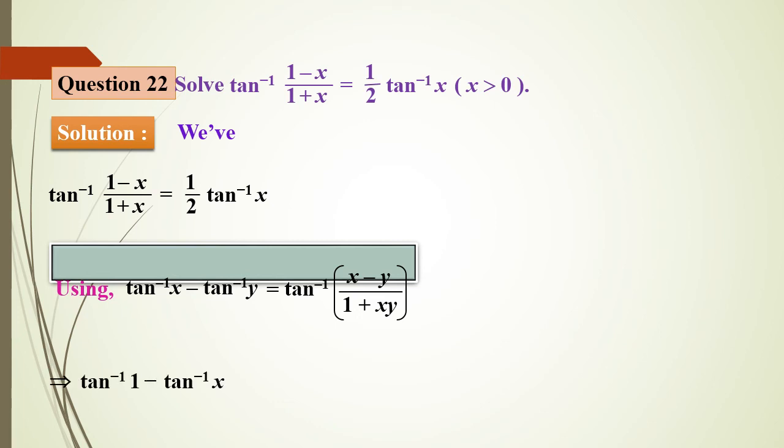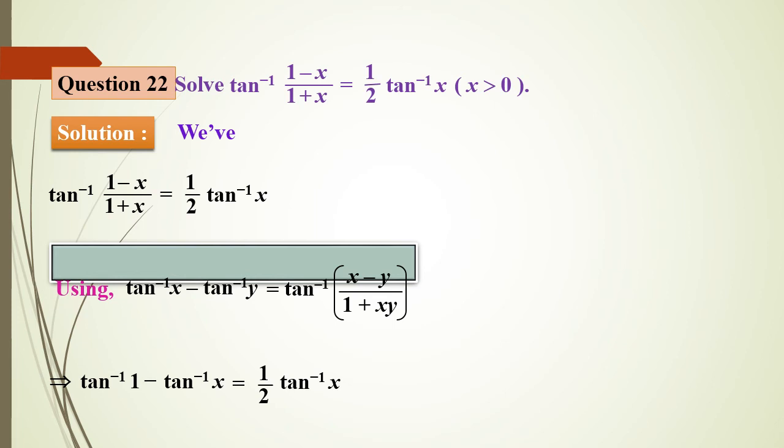See, tan inverse of (1 minus x divided by 1 plus x) can be written as tan inverse 1 minus tan inverse x.